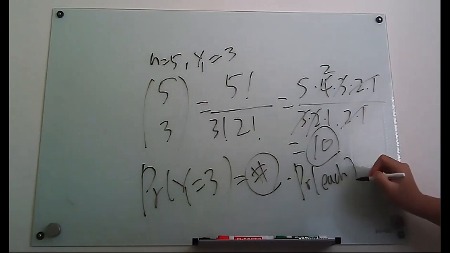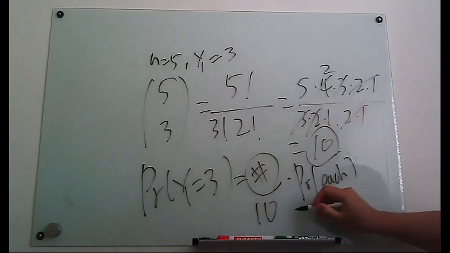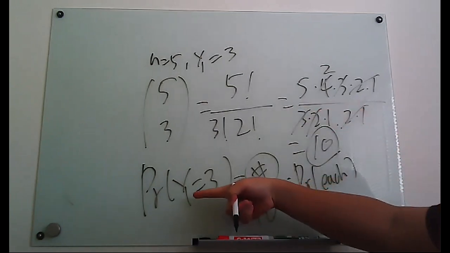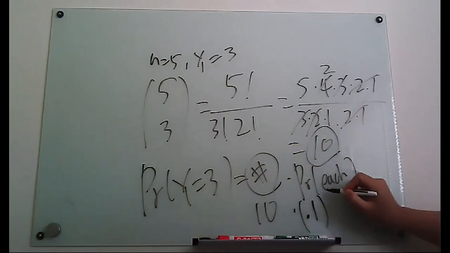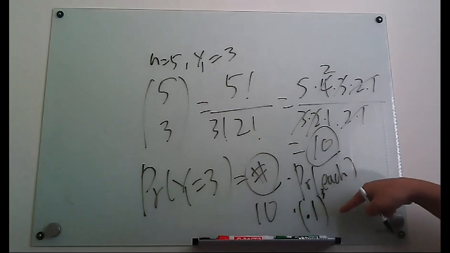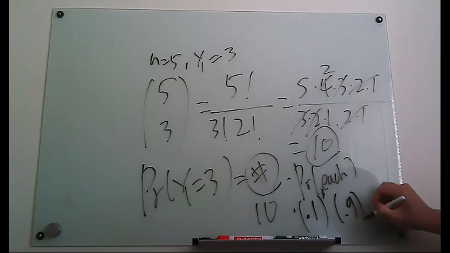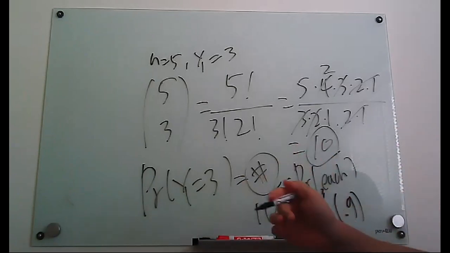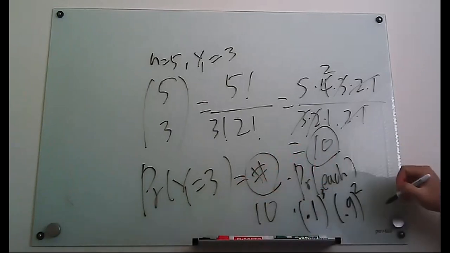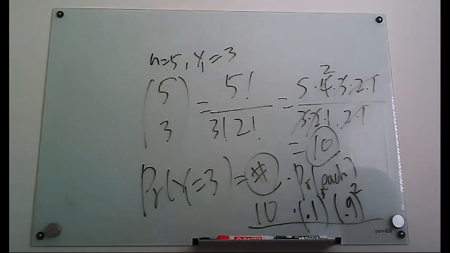The number was 10 from here, and the probability of each was what? Since you're looking for 3 cancellations, 0.1 to the power of 3. That was from the previous formula, and then 1 minus 0.1, which is 0.9, to the power of n minus y. n was 5 and y was 3, so n minus y was 2. That's how you get the final outcome. So that is a probability.